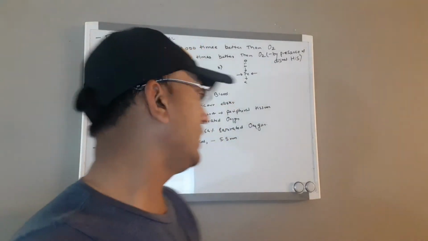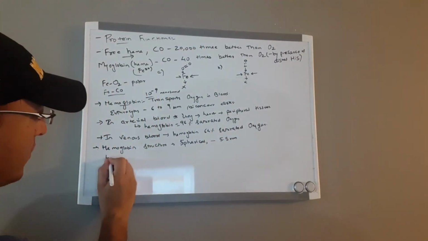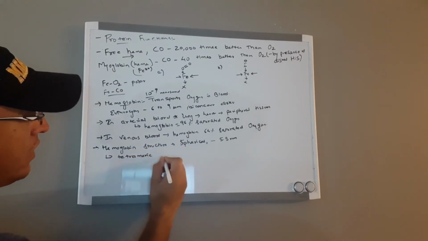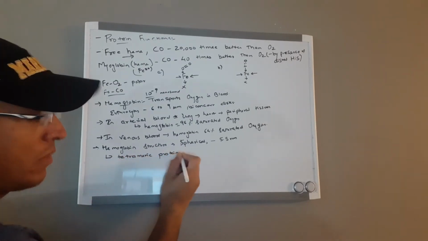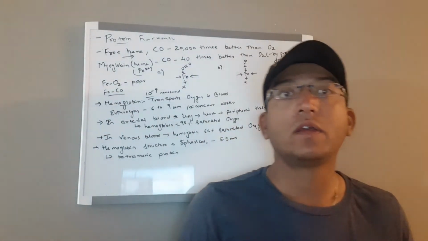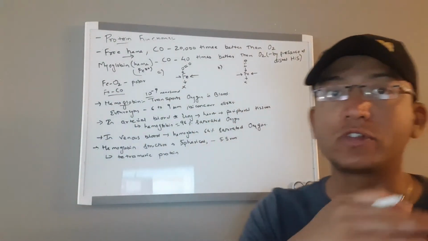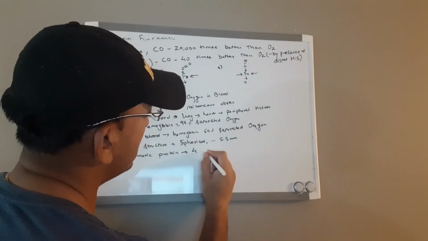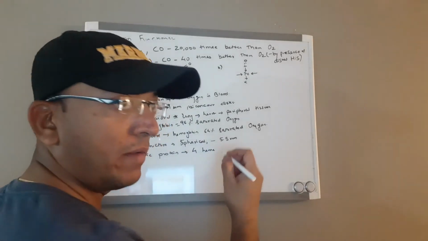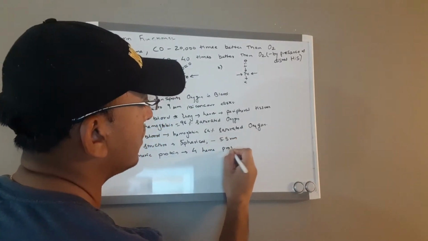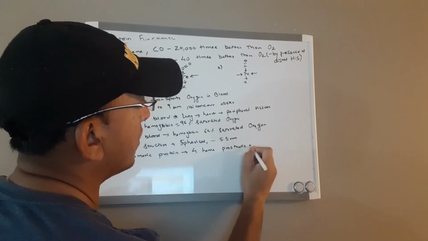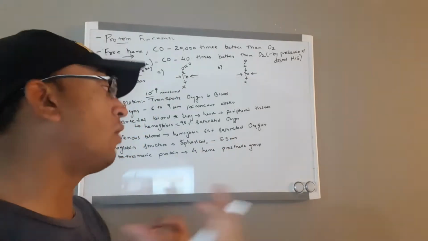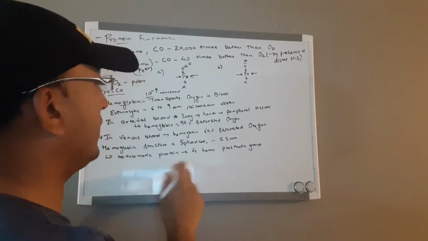It is a tetrameric protein, which means that it contains 4 heme prosthetic groups, one associated with each polypeptide chain. So it has 4 polypeptides.